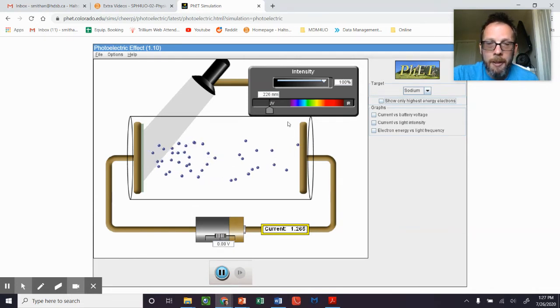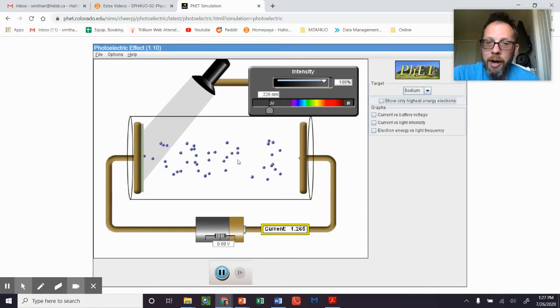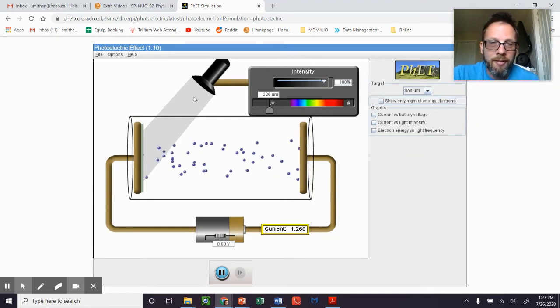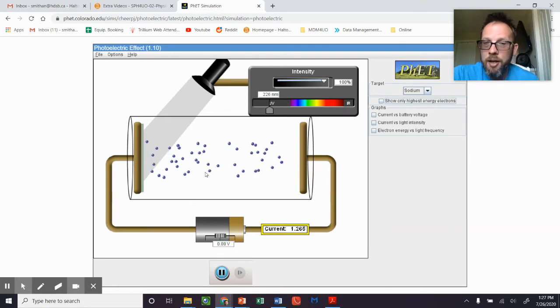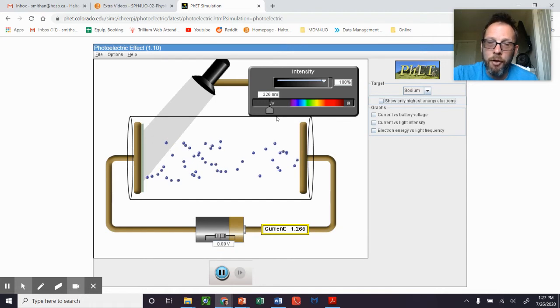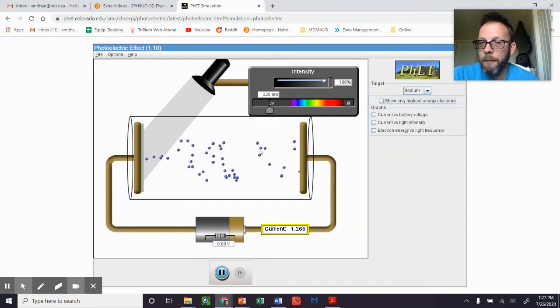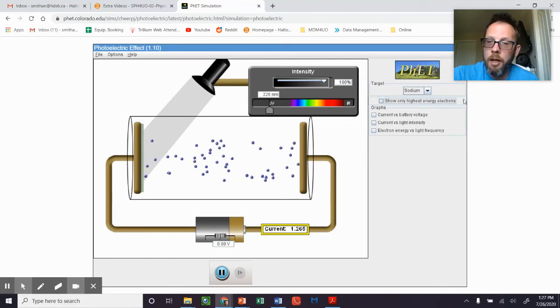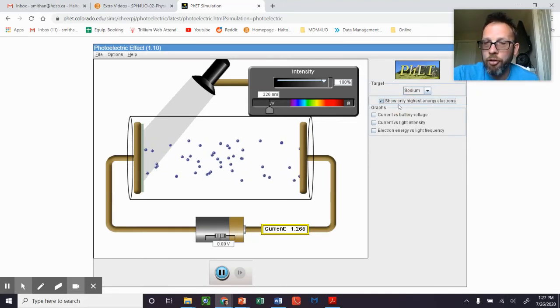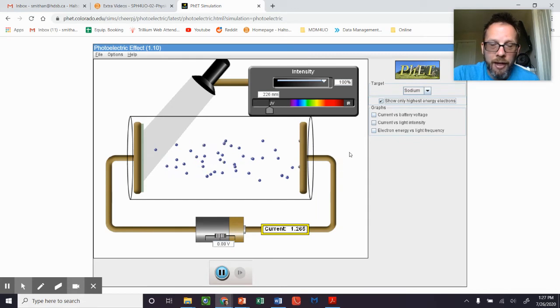The more energy of the photon, the more energy released as kinetic energy. So we've talked about intensity only affecting the number, not their kinetic energy. But hopefully you're convinced that the higher energy of light gives faster moving electrons.